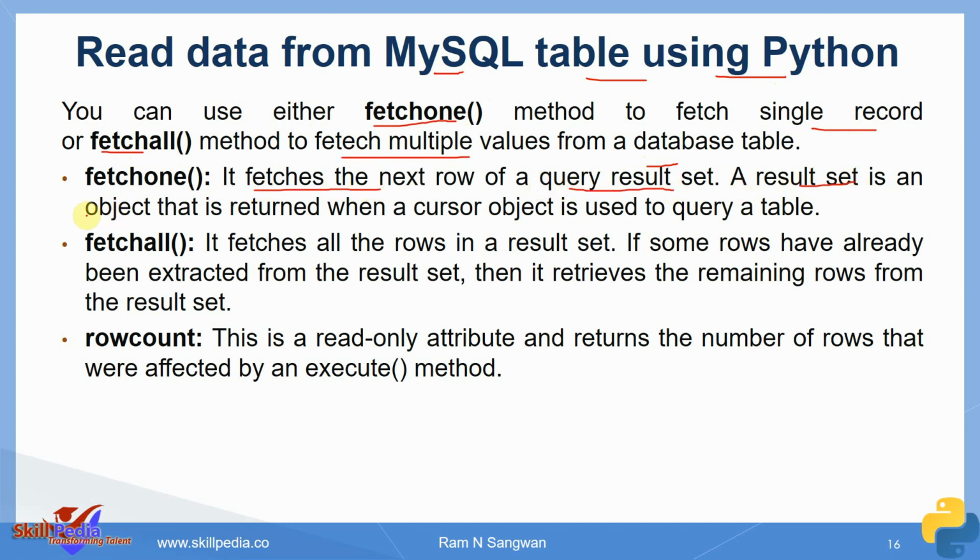A result set is an object that is returned when a cursor object is used to query a table. Fetchall will fetch all the rows in the result set. If some rows have already been extracted from the result set, then it retrieves the remaining rows from the result set. And rowcount will tell you how many rows were executed, returned or fetched.